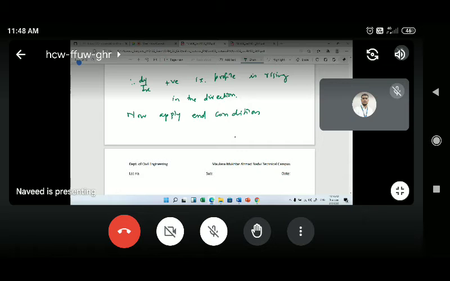As y tends to 0, dy by dx is equal to S0.